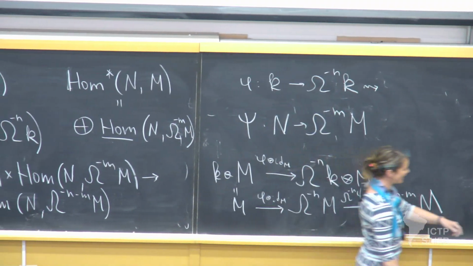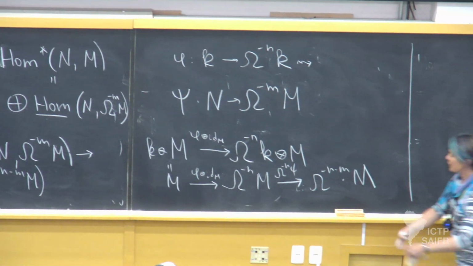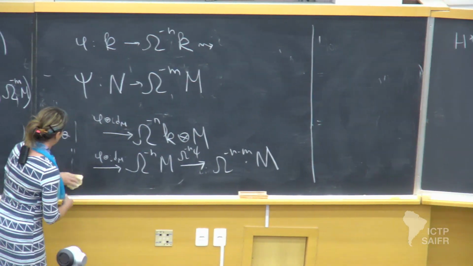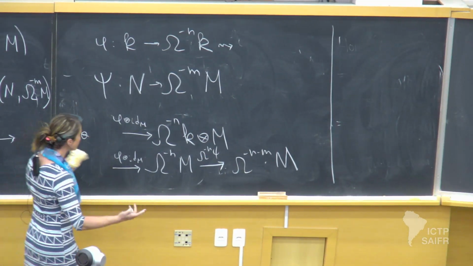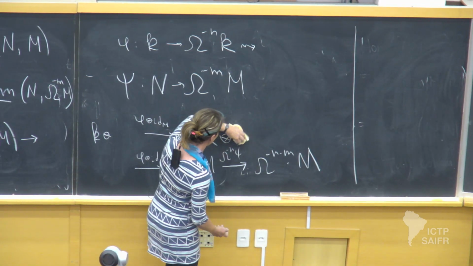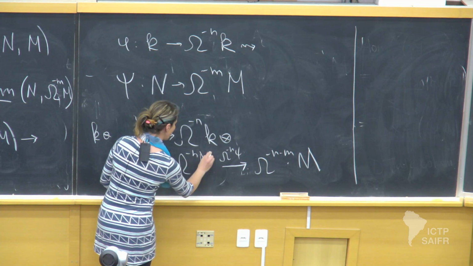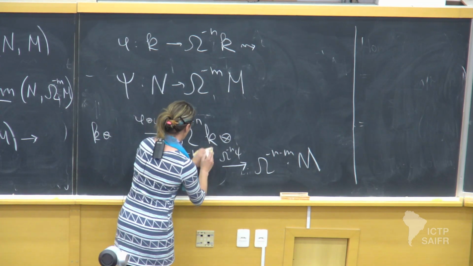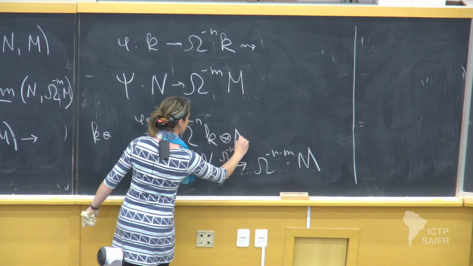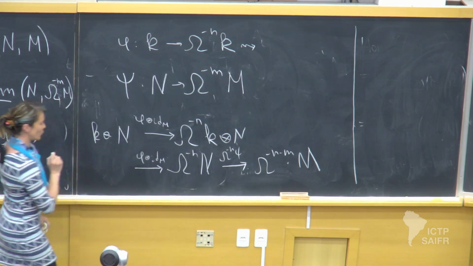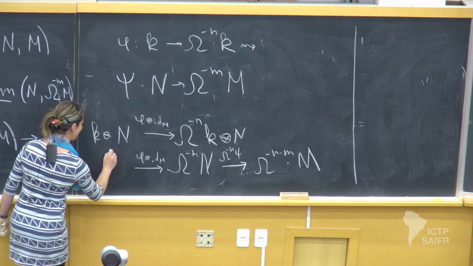You're absolutely right. Because one always should go alphabetically. I think at some point I decided I should go alphabetically, but it was too late. Okay, that is okay. No, that's not okay. This is N, this is N, and this is M. Okay, looks better? Yeah. Thank you very much.